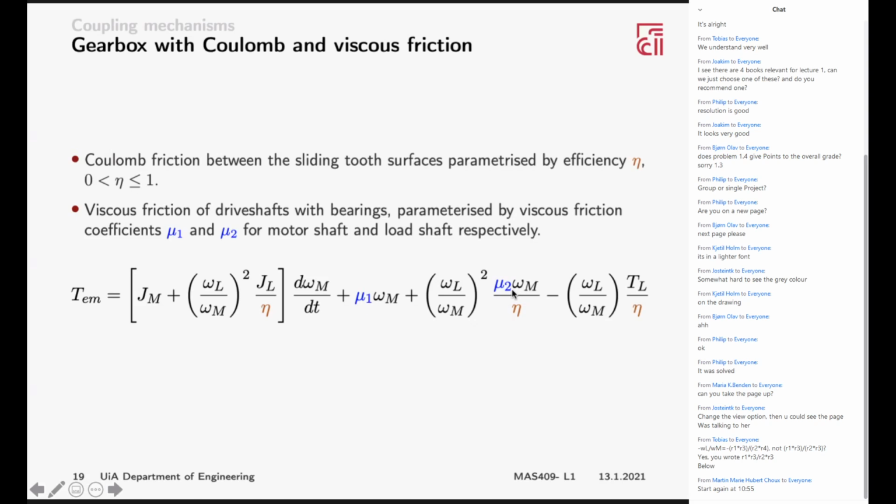And then the other viscous force from the other side, referred to the motor side, I multiply also by the gearbox ratio squared and divide by the efficiency. So each time I move from one side to the other, I divide by the efficiency eta. The last term is the external torque applied to the load, TL, referred to the motor torque. I multiply by the gearbox ratio and divide by eta.